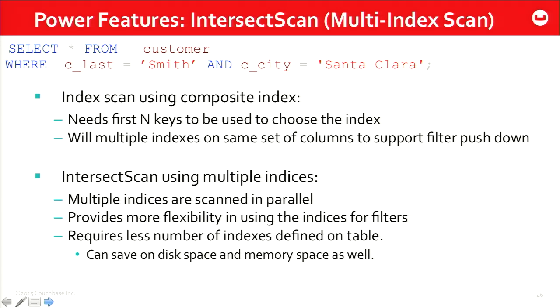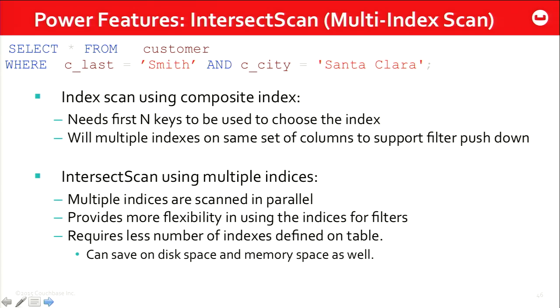But there are situations where you have many combinations of composite indexes, and the number of composite indexes can become high. Index maintenance and index storage overhead can become quite high. So what we have done is, if you have multiple indexes on multiple filters of the query, we can choose multiple indices to evaluate a single query.